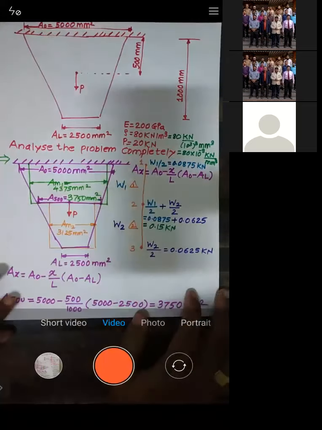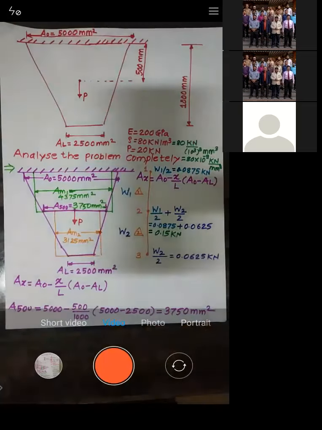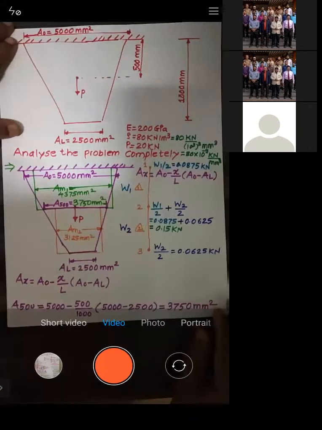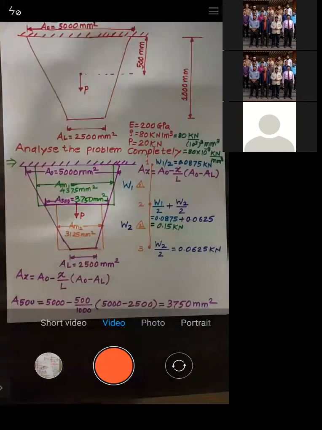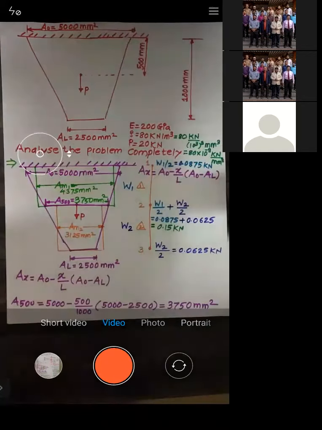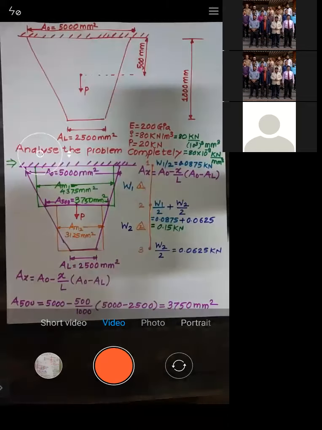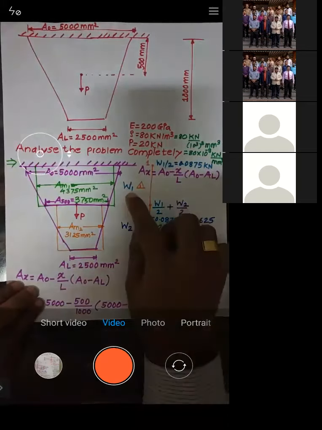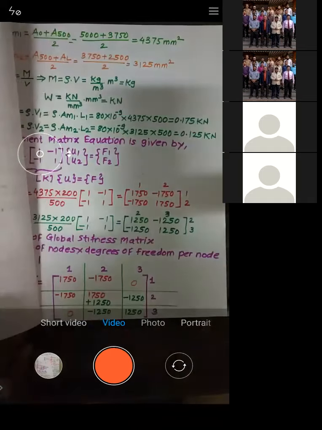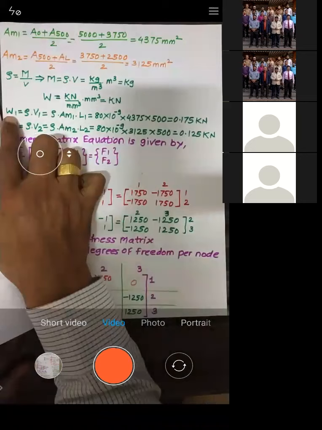Is there any doubt? Sir, how you distributed the weights, please tell once, I came late. See, that is the reason why you should attend. Okay, just wait. W1, what is the weight acting? This one, 0.175.